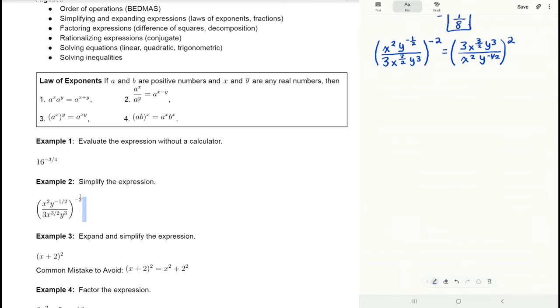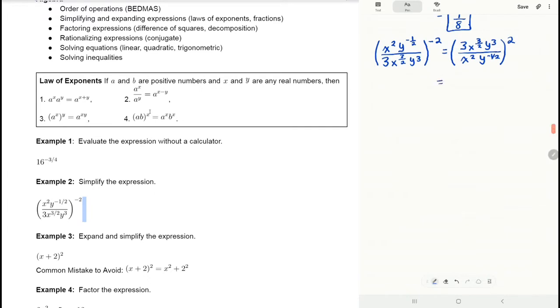And now let's use the law of exponents. So if we have a power on the outside brackets, we can distribute the power through every term inside. Okay, so we're using the 4th rule here. We're going to apply the power of 2 to every term inside the brackets.